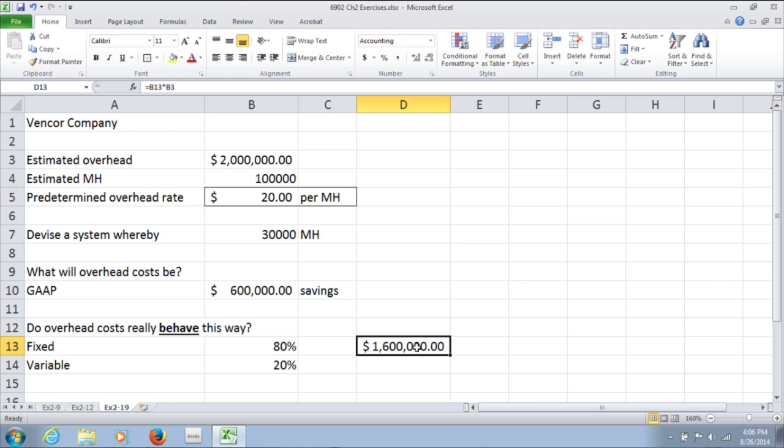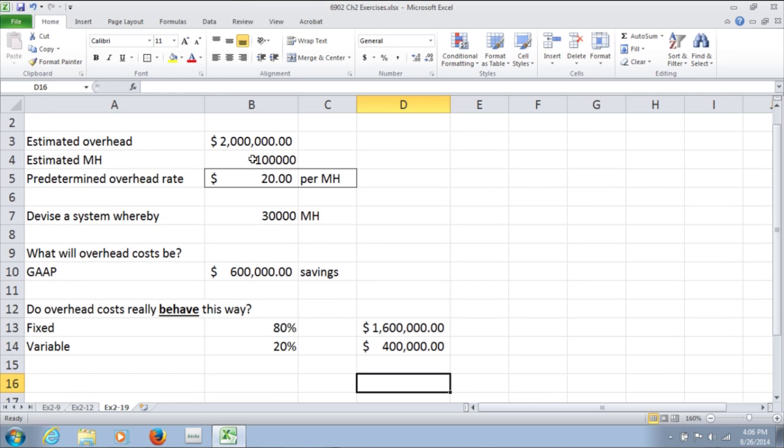So, what we have to then examine is, of the variable costs, in other words, 20% of that 2 million estimated overhead. So we had 400,000 of variable costs.